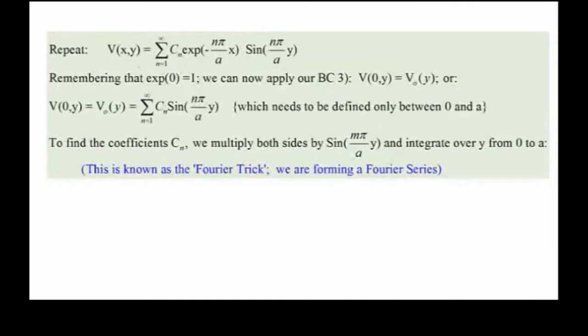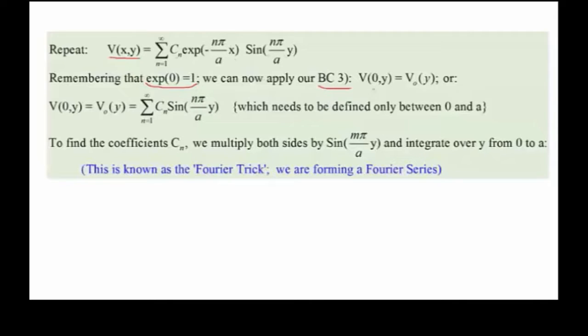So here's a repeat of that function. One of the things we want to remember is e to the 0 is equal to 1. We can go back and apply our boundary conditions, because at x equals 0, on that end plate, the function v can be looked at as an infinite series of a 1, c sub n times this quantity here.